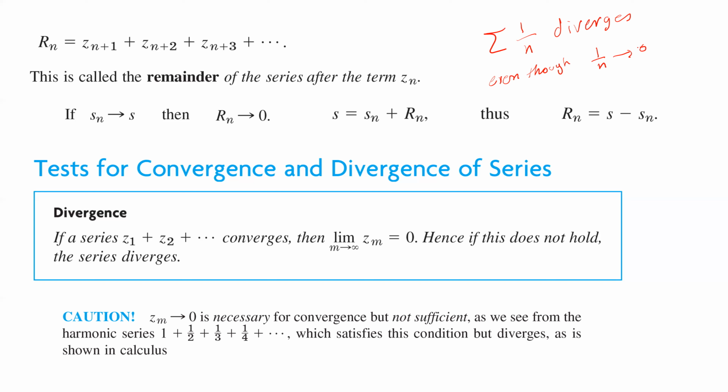So this limit going to 0 doesn't necessarily mean convergence. This is a good example: the harmonic series. The terms go to 0, but the series diverges.